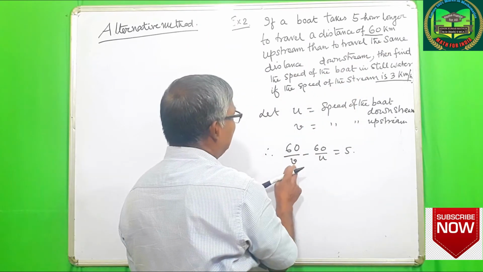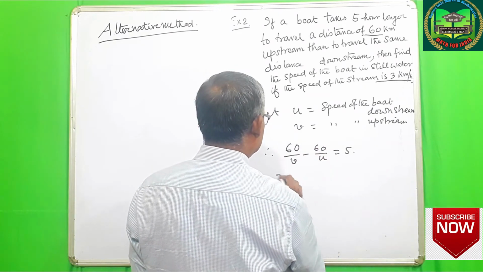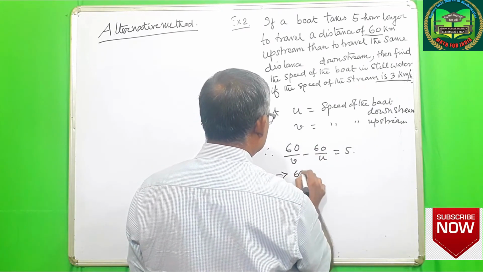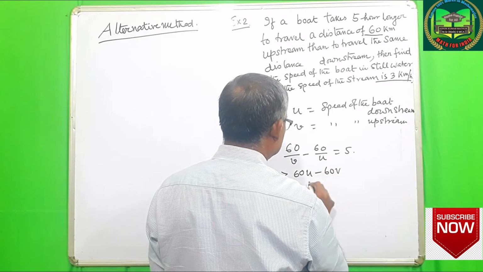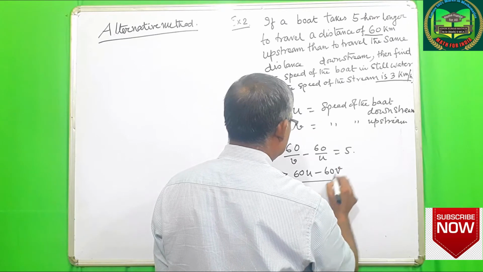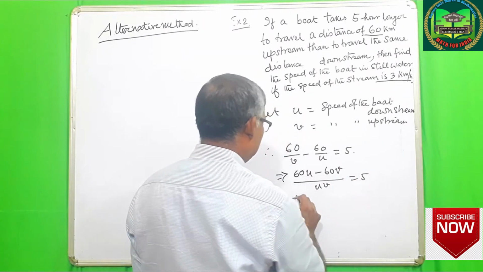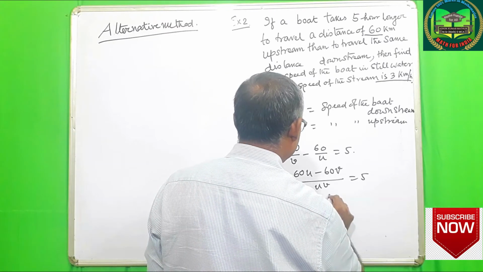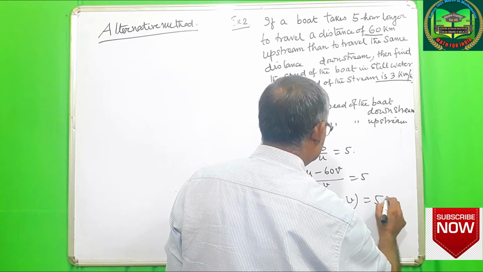So 60 by v minus 60 by u equal to 5. This implies that (60u minus 60v) by uv equal to 5. This implies that 60 into (u minus v) equal to 5uv.